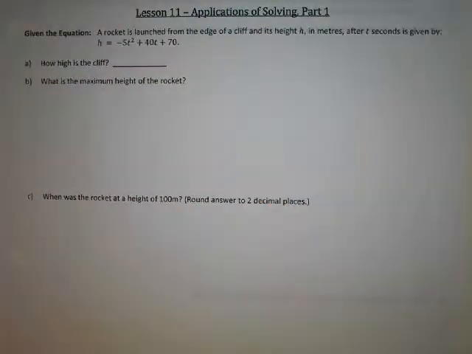So part A asks us how high is the cliff. So the rocket is launched from the edge of the cliff. So pretty much we're looking at the initial height of the rocket.